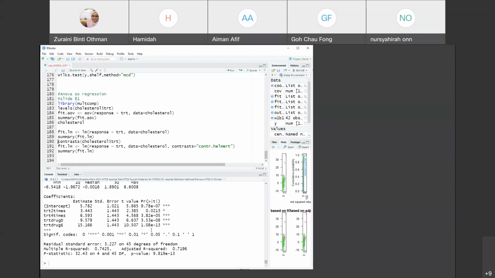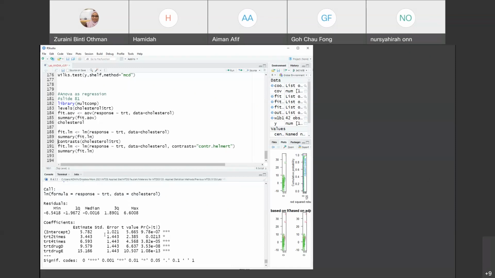Because of the linear model, we require numeric predictors. When the lm function encounters a factor, it replaces the factor with a set of numeric variables representing contrasts among the levels. If the factor has k levels, k minus 1 contrast variables will be created.